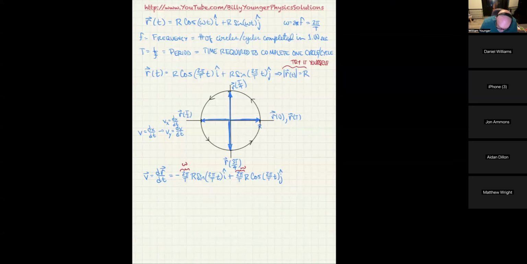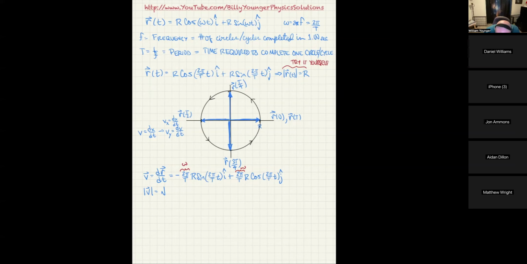In fact, I want to go ahead and compute what the magnitude of v is, and that's equal to the square root of the squares of the individual terms. Notice one's in the i hat direction and the other one's in the j hat direction, so they're clearly at 90-degree angles, which means the Pythagorean theorem applies. So instead of calling it 2 pi over T, which is ugly, I'm going to call it omega.